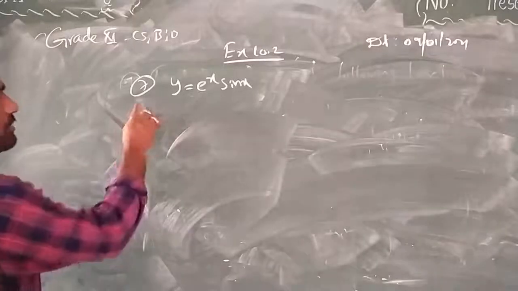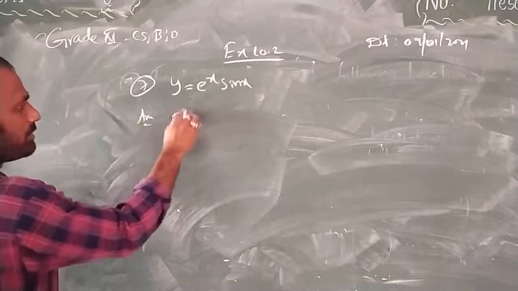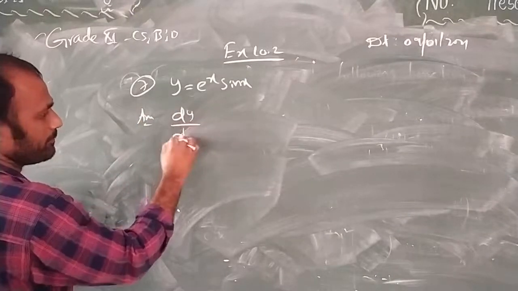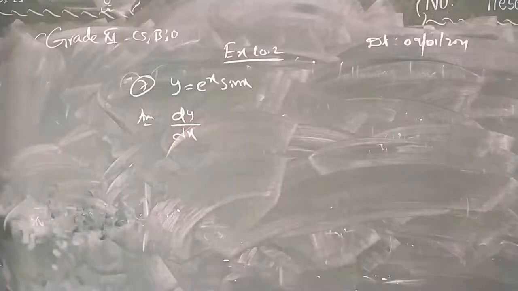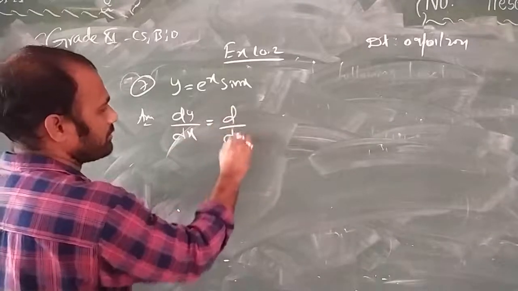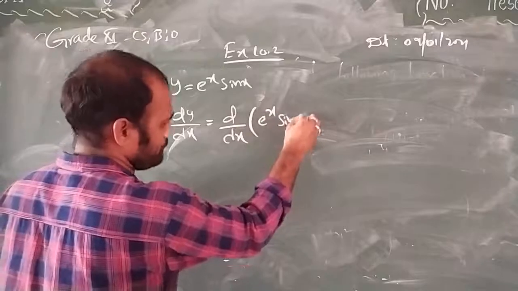Next, seventh question. Y is equal to e power x sin x. Let us do the derivative dy by dx. dy by dx is equal to, given function is e power x sin x.